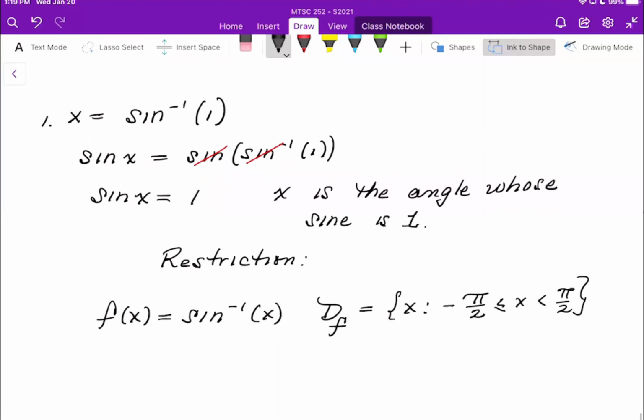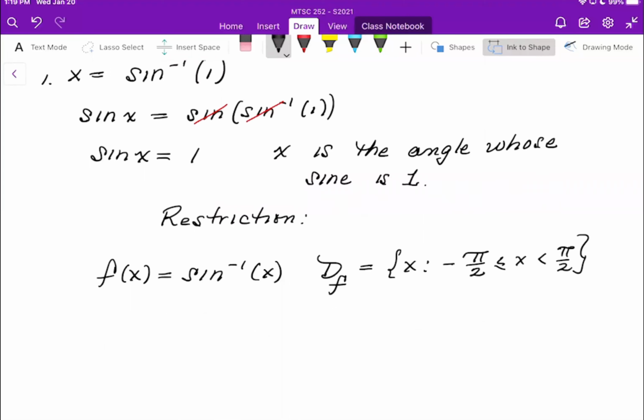So the value that I can choose for x has to be in that domain. So what x am I going to choose? There's only one x in that domain that has the sine equal to 1.